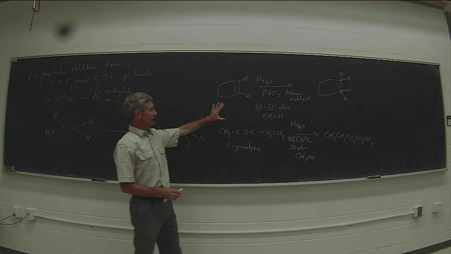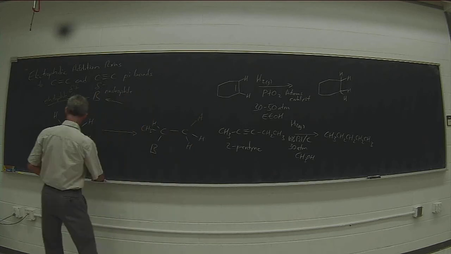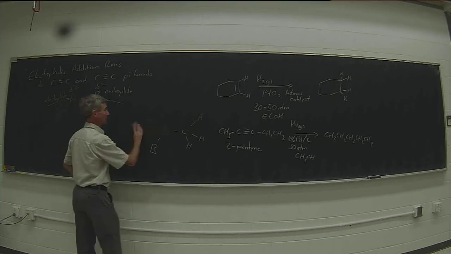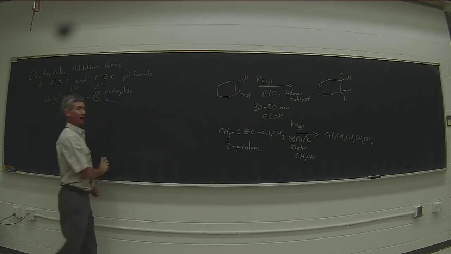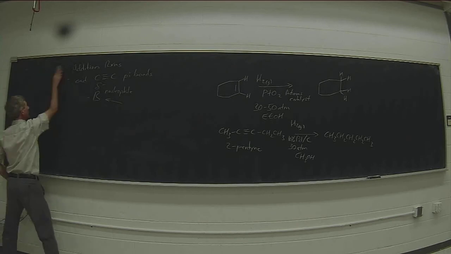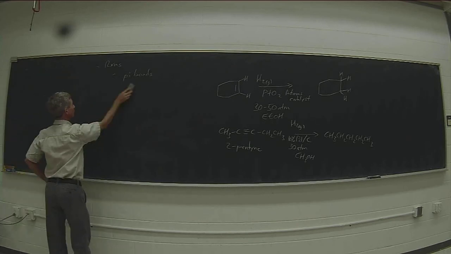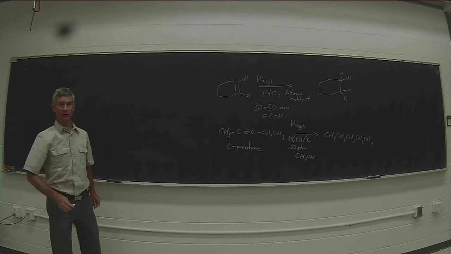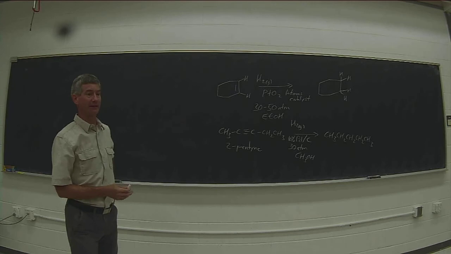In fact, this catalytic hydrogenation process is the route for determining the relative stability of different kinds of alkenes. It's how we actually know that the more substituted double bond is more stable. It's how we actually know that the cis alkene is less stable than the trans alkene.